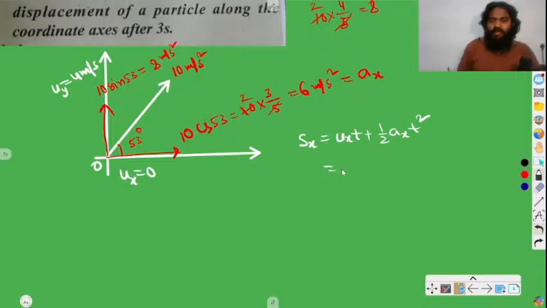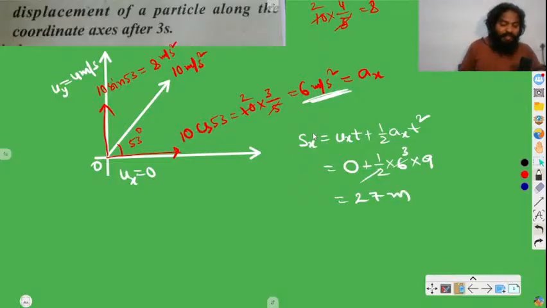Now ux is 0, this term becomes 0 because initial velocity along the x-axis is 0, plus half into ax, acceleration along the x-axis is 6 meter per second square, 6 into t square. After 3 seconds, 3 threes are 9. This 2 into 6 is 3, 3 times 9 is 27 meter, the displacement along the x-axis.